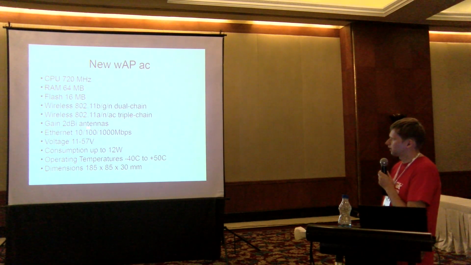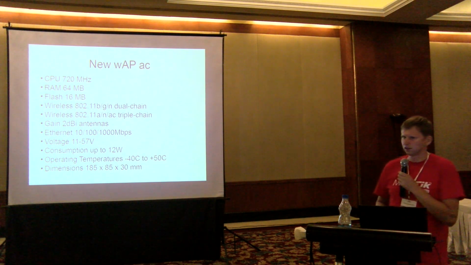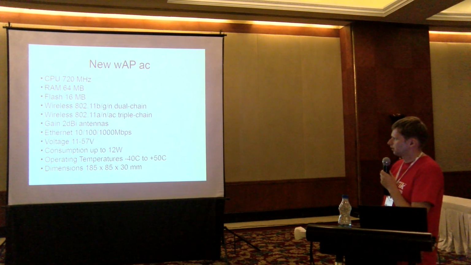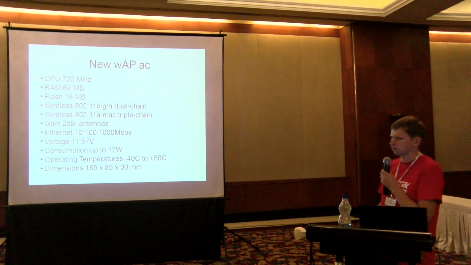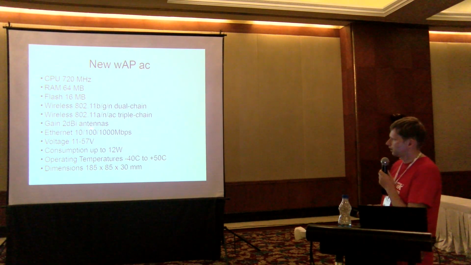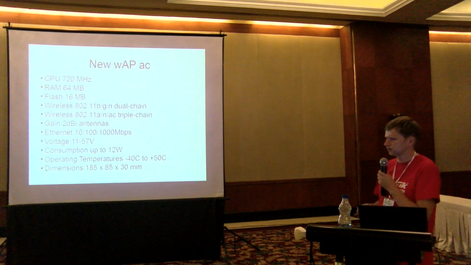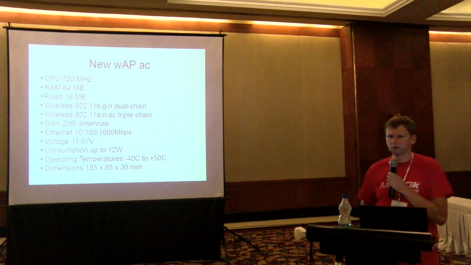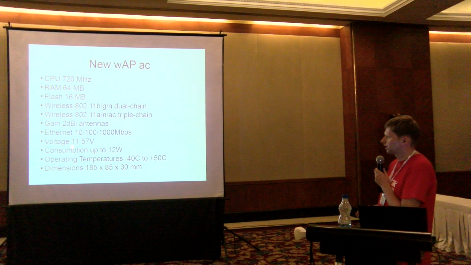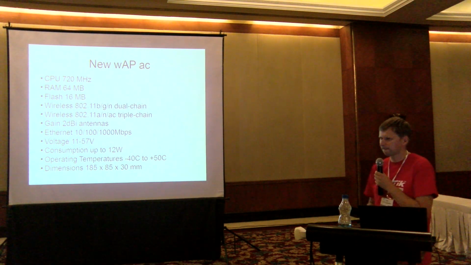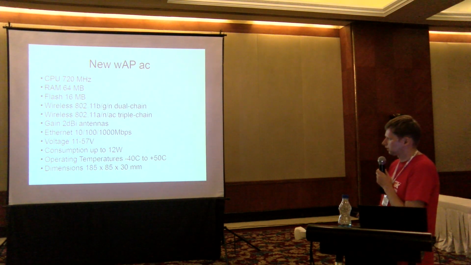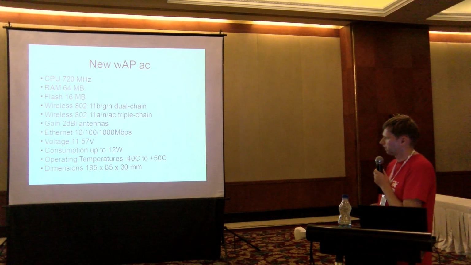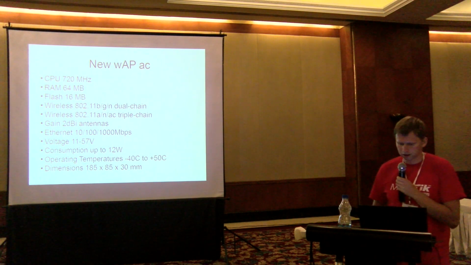And the antenna gains are the same, 2 dBi. Also, since it's the AC standard, it means higher throughput. We also added a gigabit port. So this board has one gigabit port. And the same voltage here. But the power consumption is increased to 12 watts because of the additional wireless chipset.